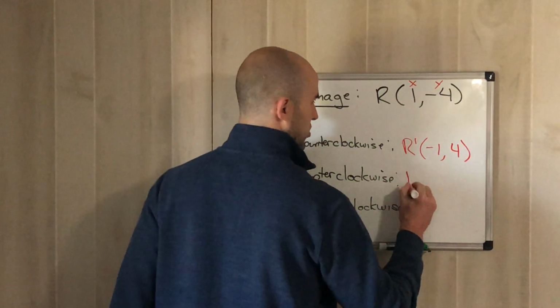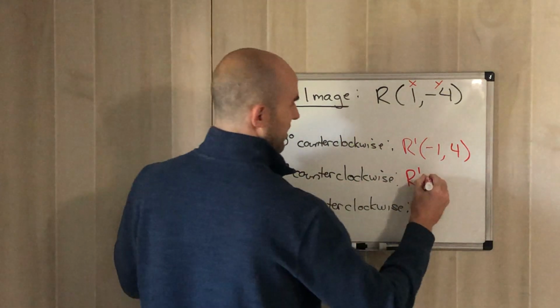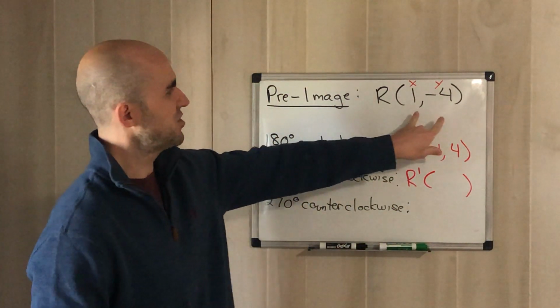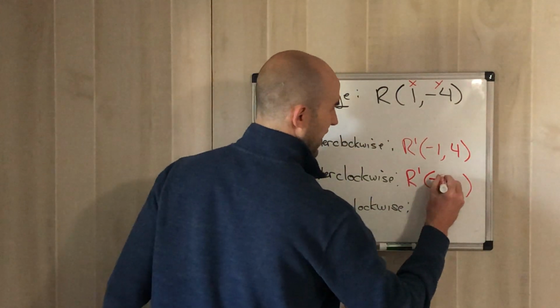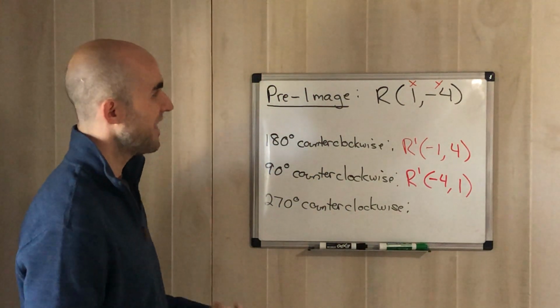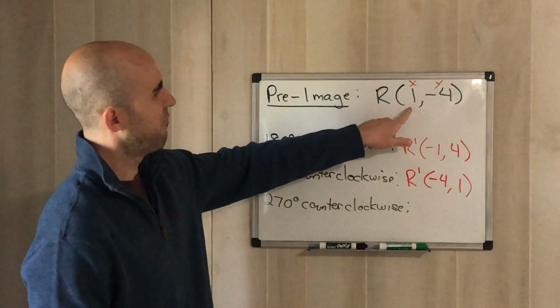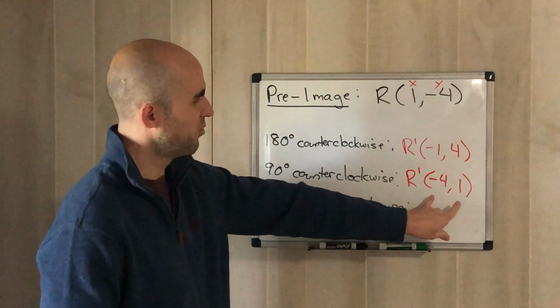When it's 90 degrees counter, I always go step by step because it makes things easier. First thing you do, flip them. So instead of being 1, negative 4, it's going to be negative 4, 1. First thing we did, we flipped them.